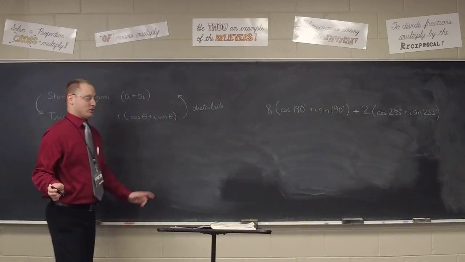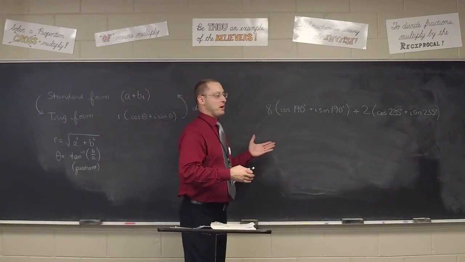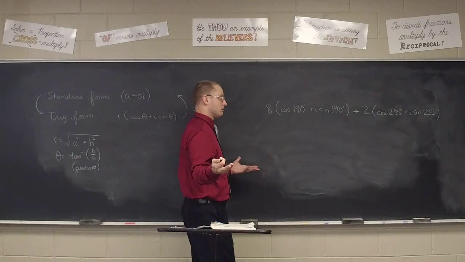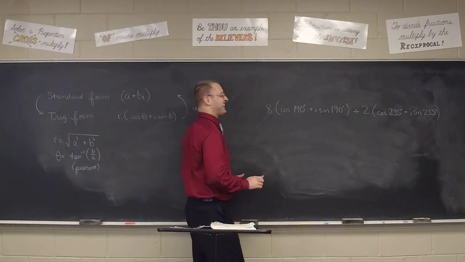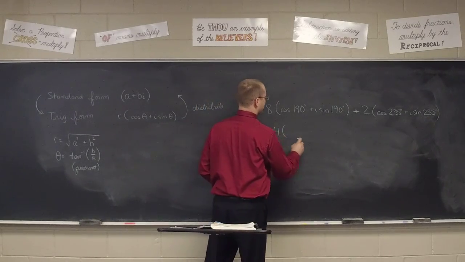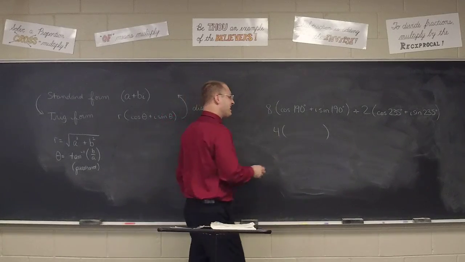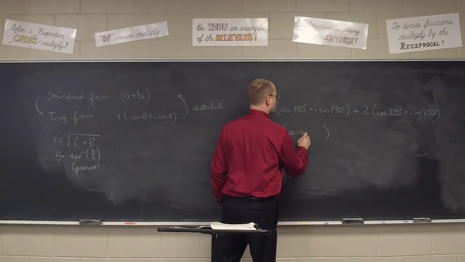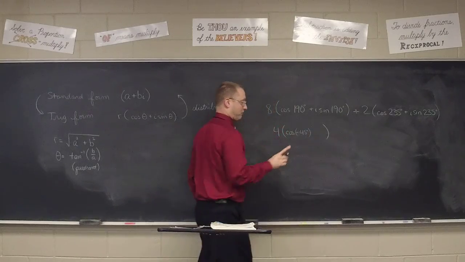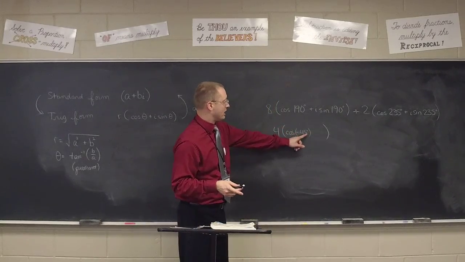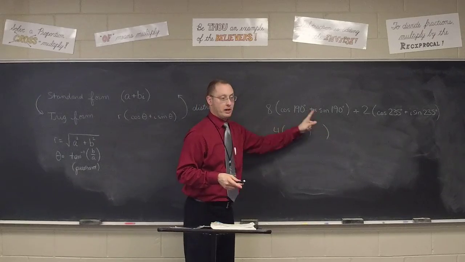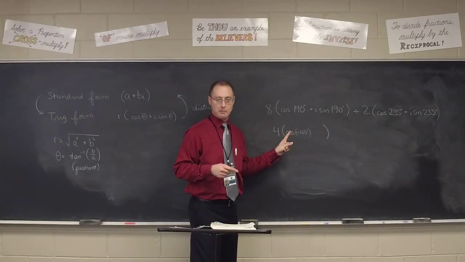All right, so again, just like we multiply the r's when we multiply, when we divide, class, we divide the r's to get 4, and then we'll subtract the thetas. And when we subtract, we're going to get negative 45. And remember, there's 2 ways to account for the negative 45. One method would be on the cosine, gone. On the sine, pull it out front. But my thought was you could mess yourself up that way.